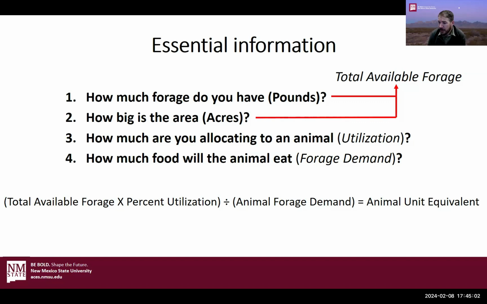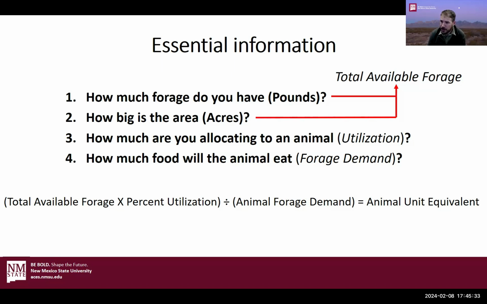How big is the area that you're assessing? How much are you going to allow the animals to consume? We often refer to that as an animal allocation or utilization. Utilization tends to be the end-of-year estimate after the forage has been removed, but the percentages are still there. And how much food does an animal eat?